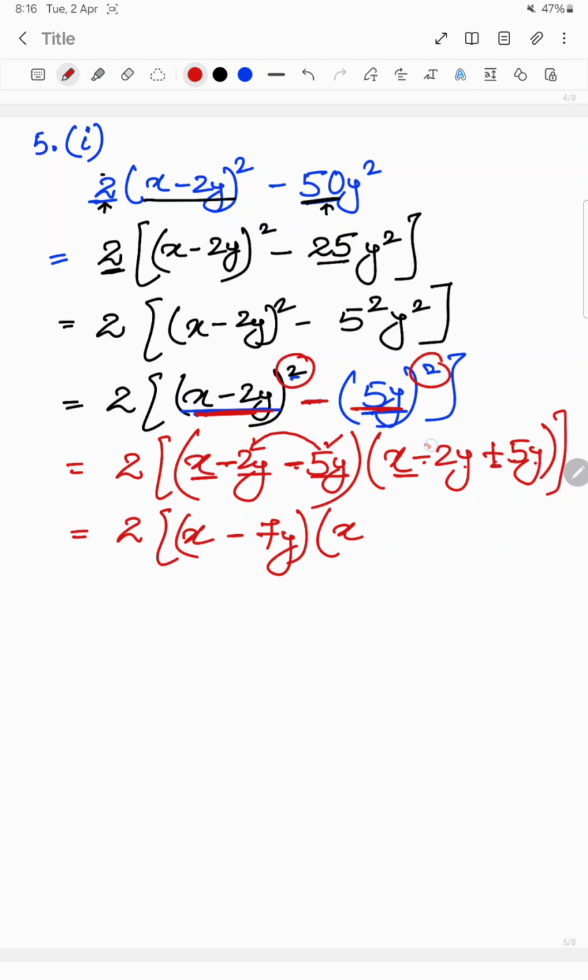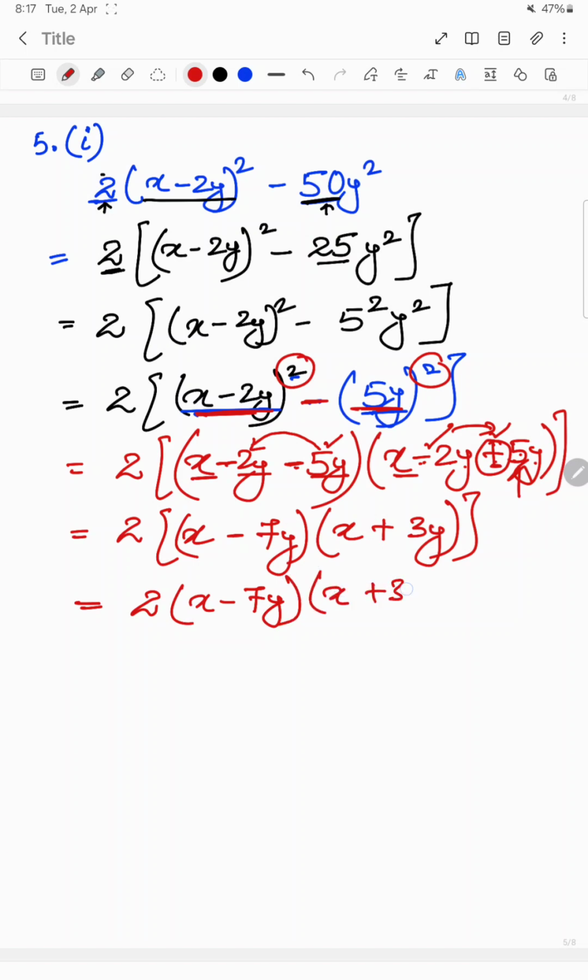Minus is the sign, plus is the sign, and minus into plus is minus, so 5y minus 2y will give me 3y. 5 is the bigger number and has positive sign, so plus comes here, so bracket close. So now remove the square bracket, you will get 2 into x minus 7y into x plus 3y. This is the solution for question number 5.1.